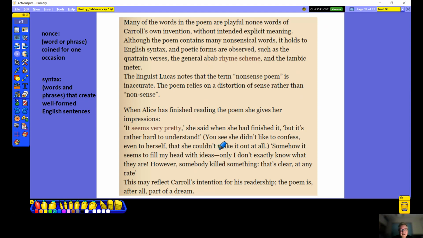You see, she didn't like to confess even to herself that she couldn't make it out at all. "Somehow it seems to fill my head with ideas, only I don't exactly know what they are. However, somebody killed something. That's clear at any rate."